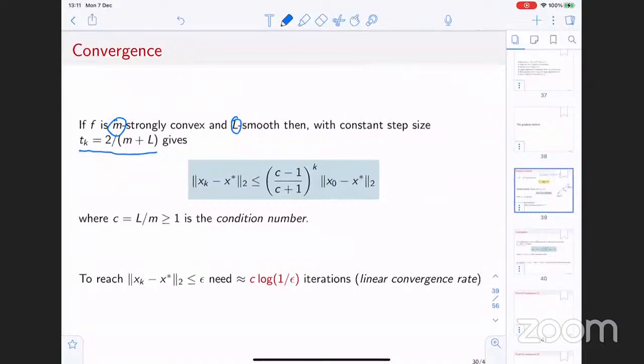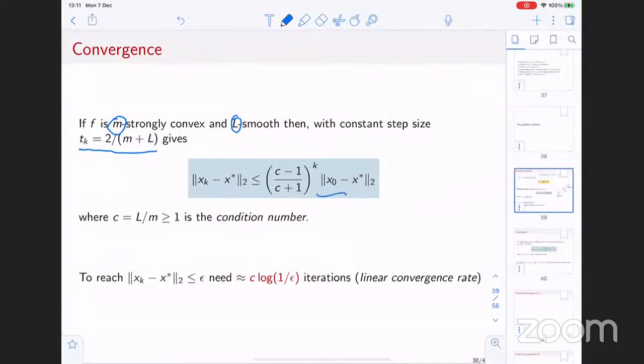So norm of x0 minus x star is the initial distance to the optimal point. And this tells you that at each step of the algorithm, you are essentially dividing your distance to the optimal point by a certain number greater than 1.